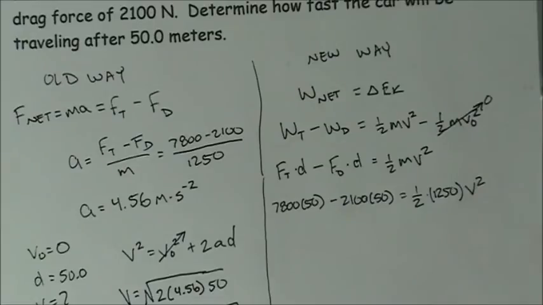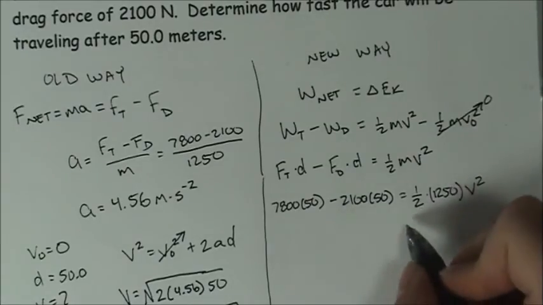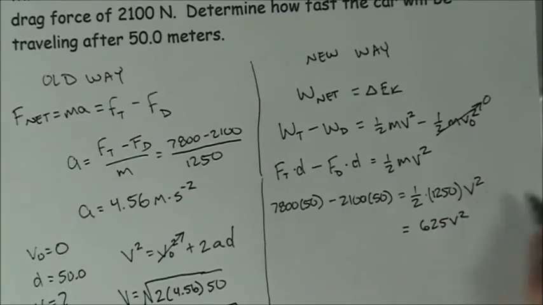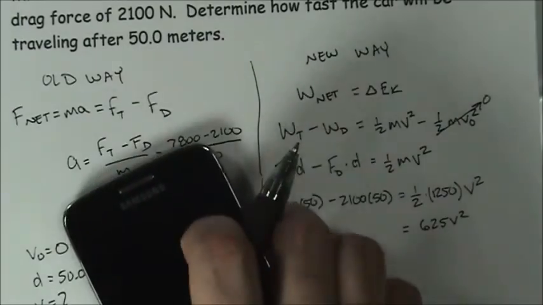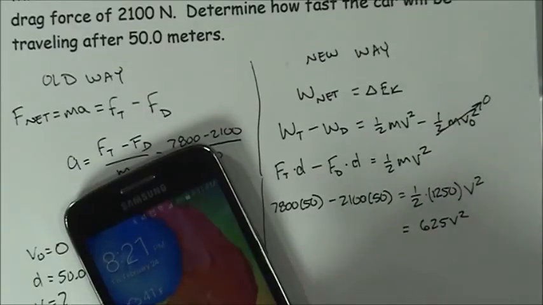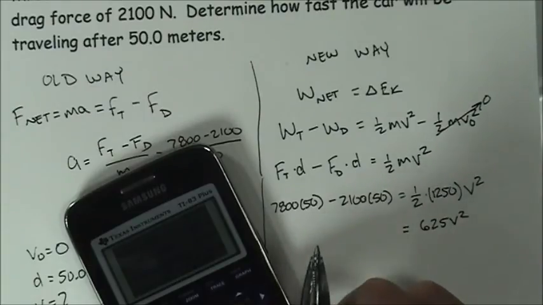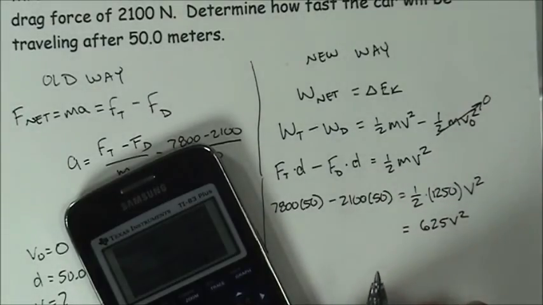1250 times v squared. So on the right side we end up with 625 v squared equal to 7,800 times 50 minus 2,100 times 50, and that is 285,000.